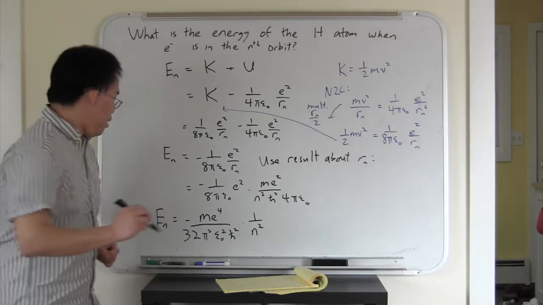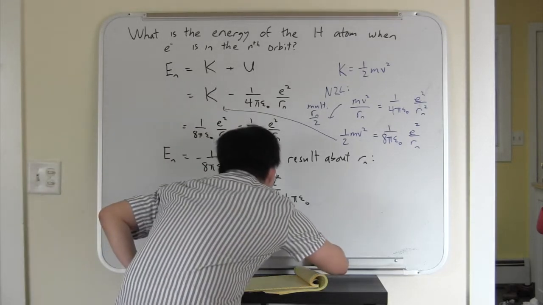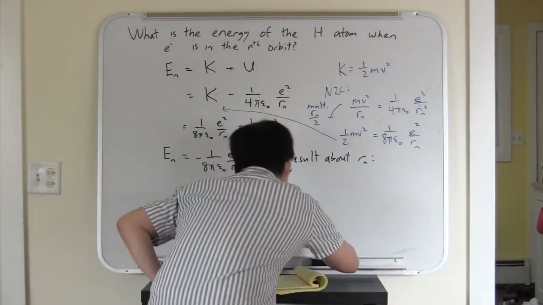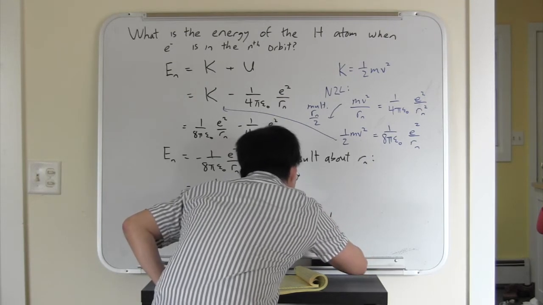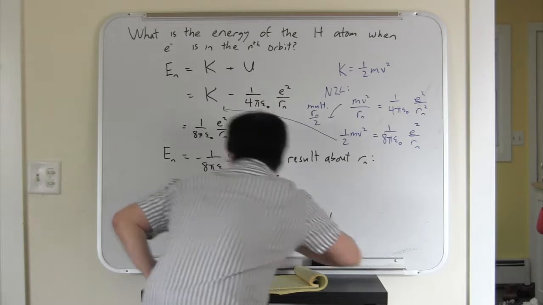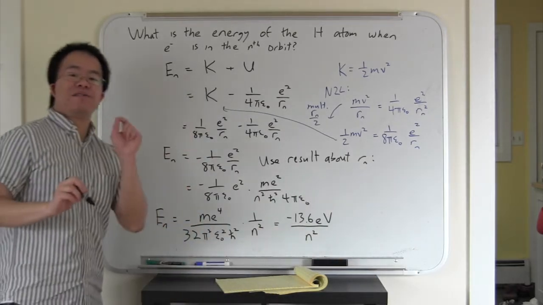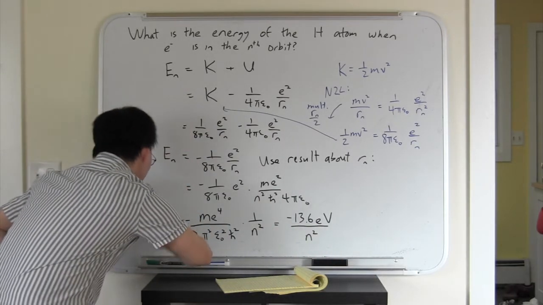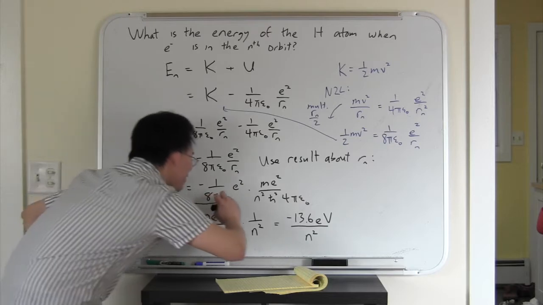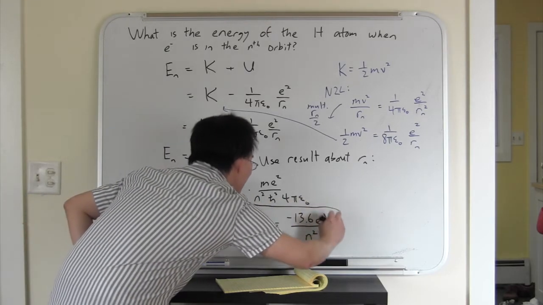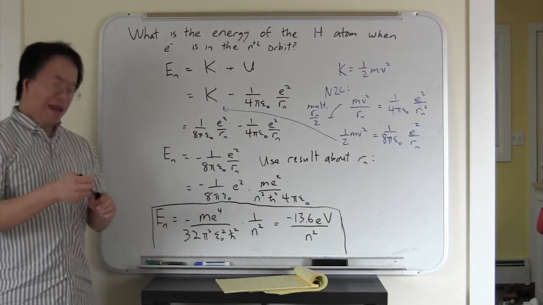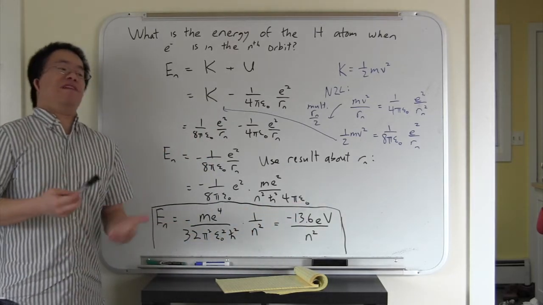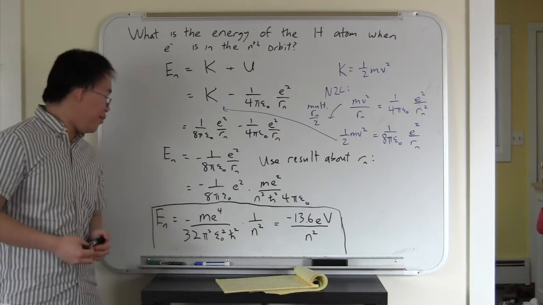And so oftentimes we'll write this as minus 13.6 electron volts over n squared. So this is our main result for the energies of the hydrogen atom, or the Bohr energy levels.